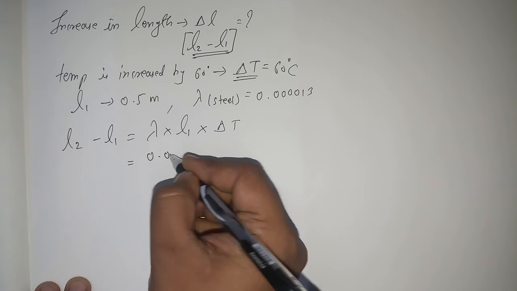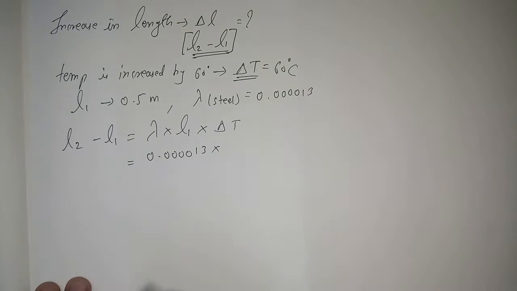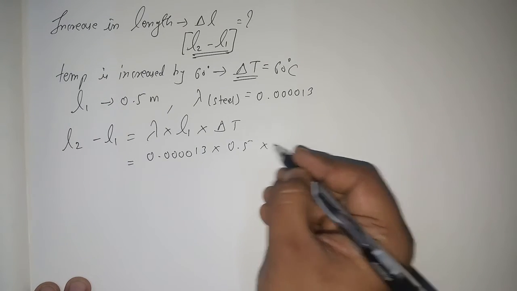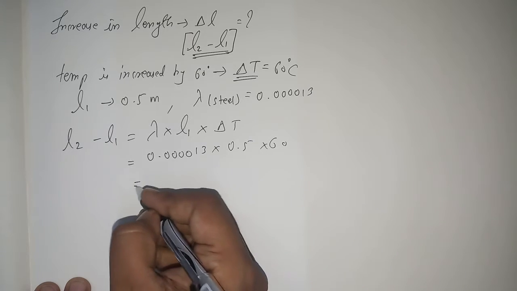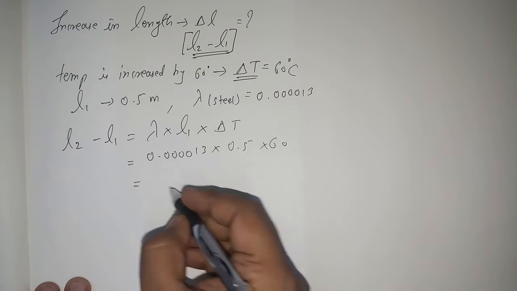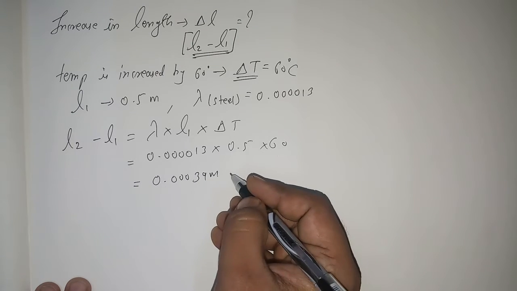Lambda is 0.000013. What is L1? Original length is 0.5. What is the change in temperature? 60. You multiply all these things, you will get 0.00039 meter.